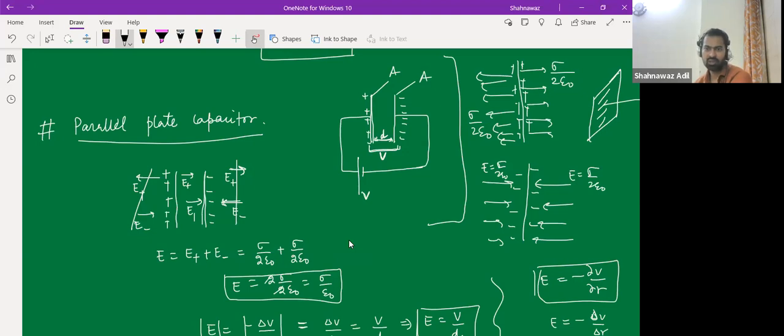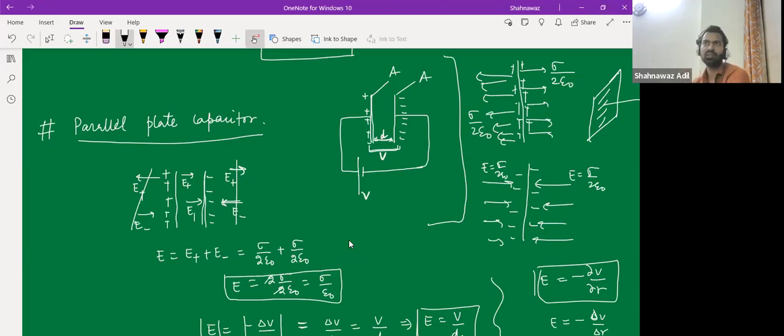Yeah, so whenever you guys need me to scroll down the screen, you tell me. So parallel plate, I have finished, and then I will talk about the combination of capacitors.